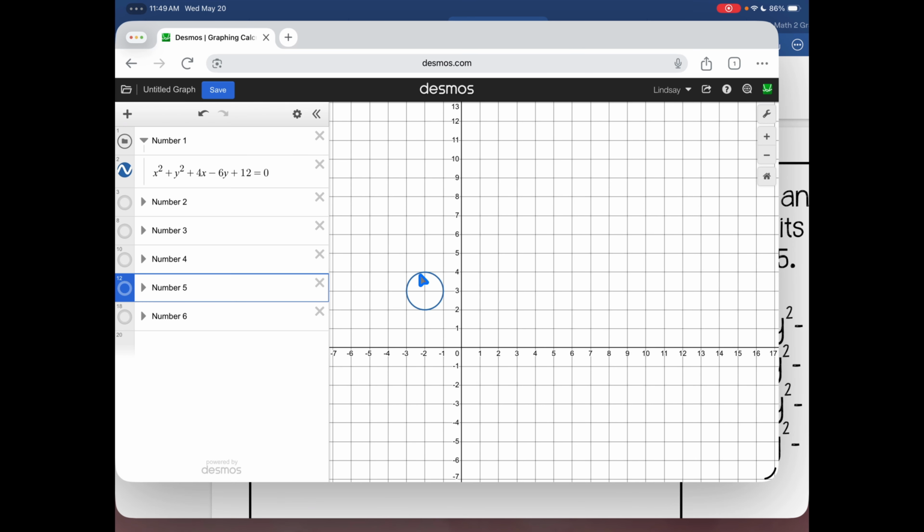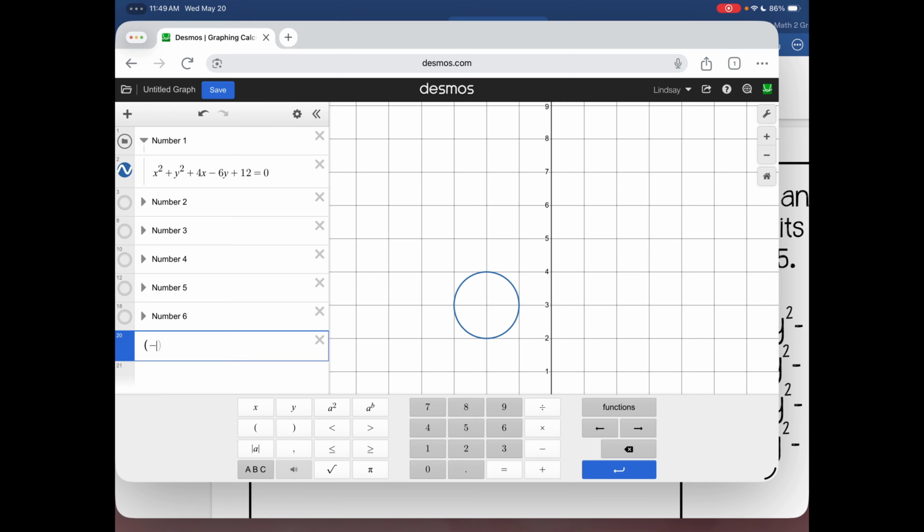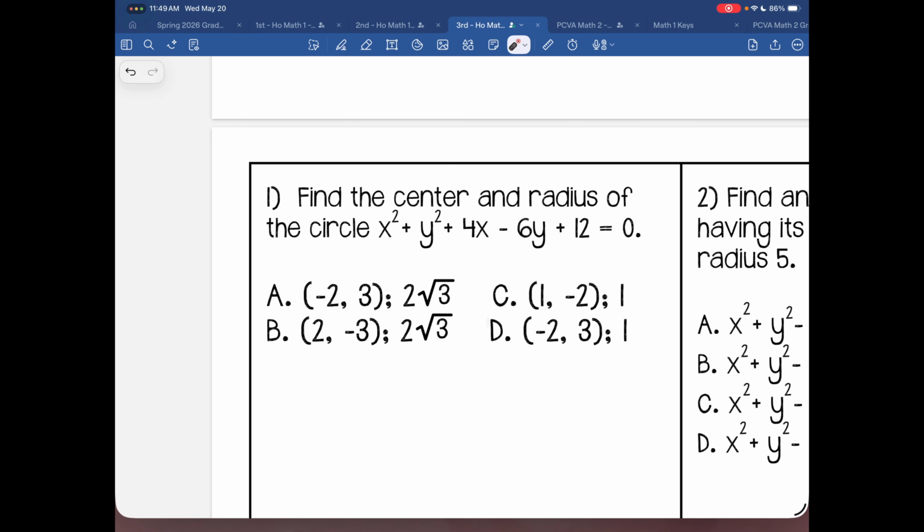For this one, I can see that I should have my center located at -2, 3, and I can type that in to see that center. And I can see that it's 1 unit from the center to the outside in any direction. So my center is -2, 3 with a radius of 1.